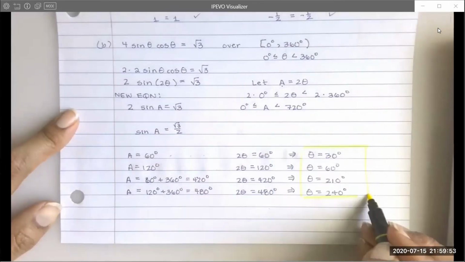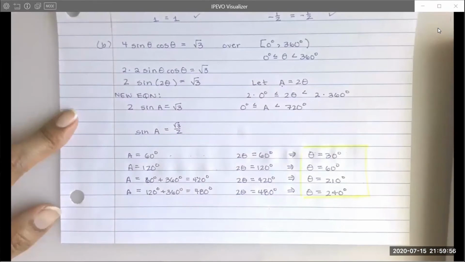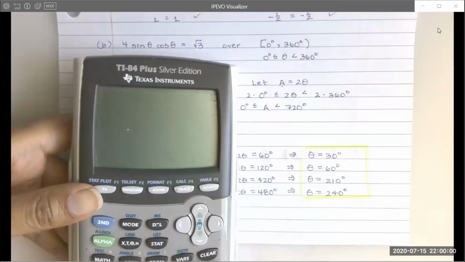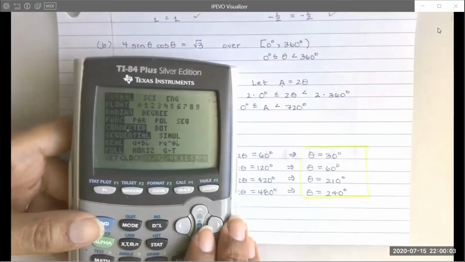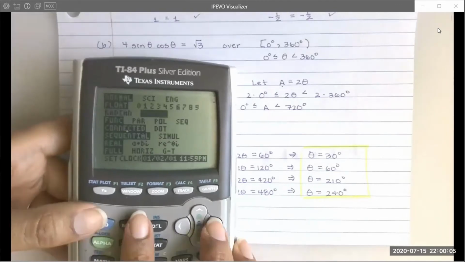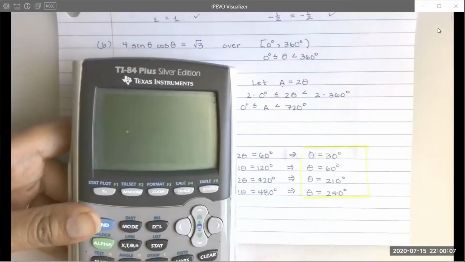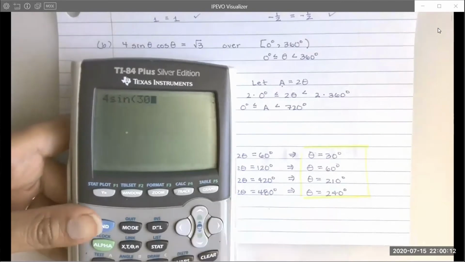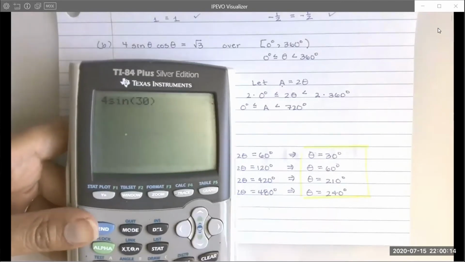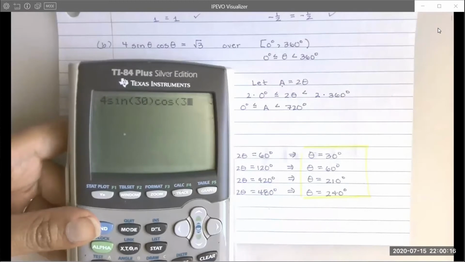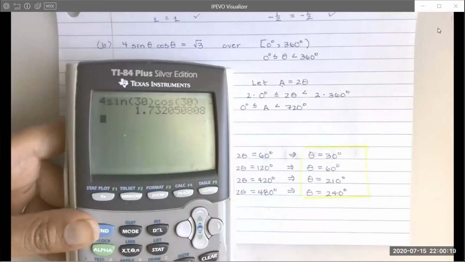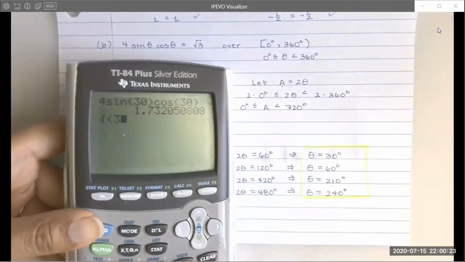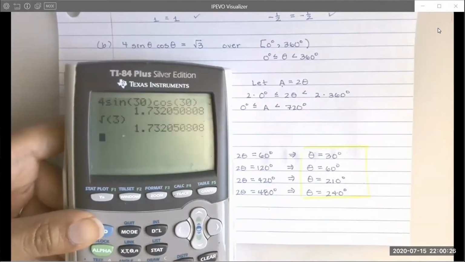Okay, I'm going to check these quickly using my calculator so we don't have to spend too much time. Make sure that you are in degree mode if you're following along. So I'll have 4 times sine of, the first angle that I'm going to check is 30, so sine of 30 times cosine of 30. That's going to give me 1.73 with some other decimal numbers. Is it true that that equals square root of 3? Yep, same number.